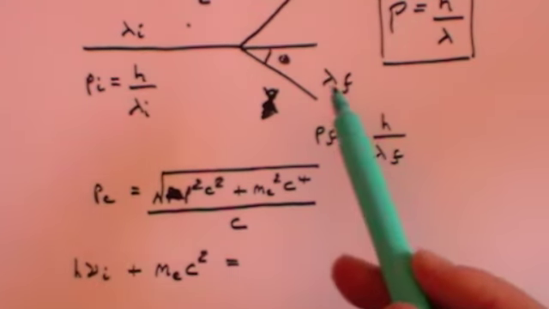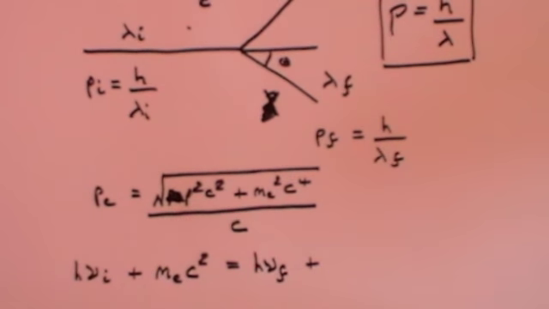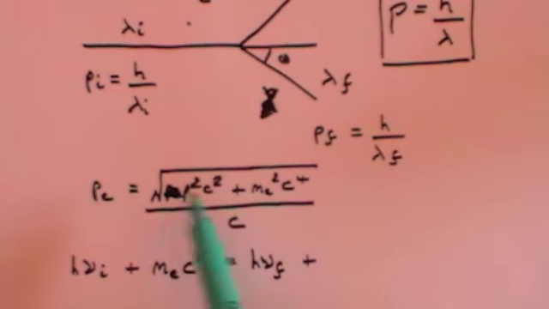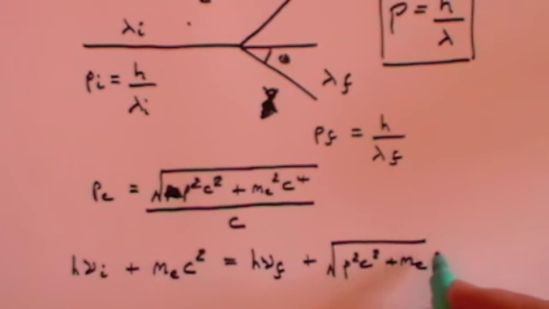Well, the energy of the resultant photon will be h nu f, where nu f is the frequency of the emerging photon, plus the energy of the emerging electron, which of course is the square root of p squared c squared plus m_e squared c to the 4th.